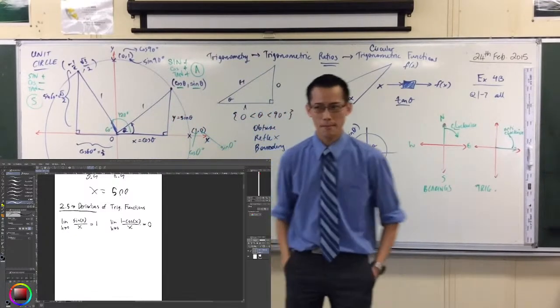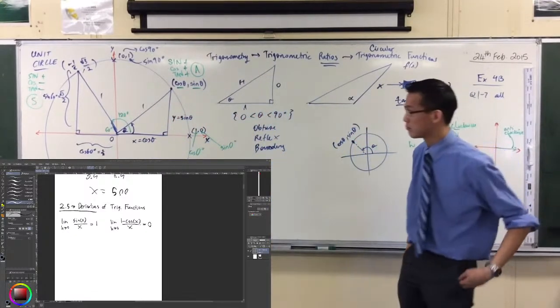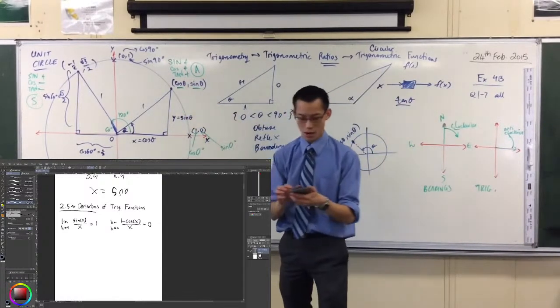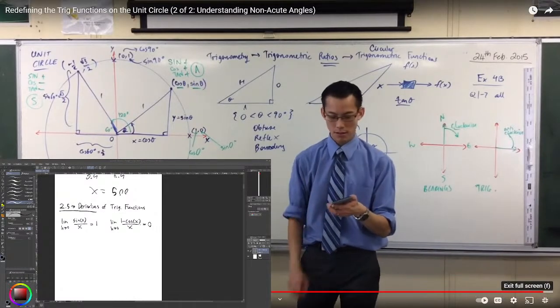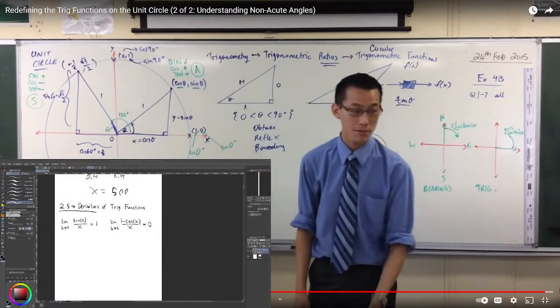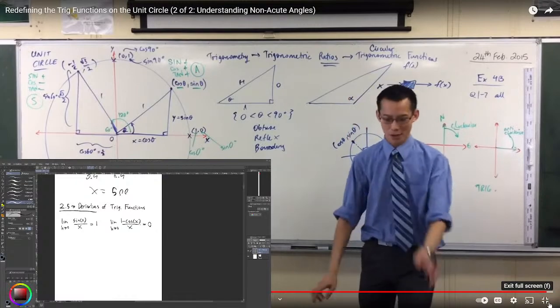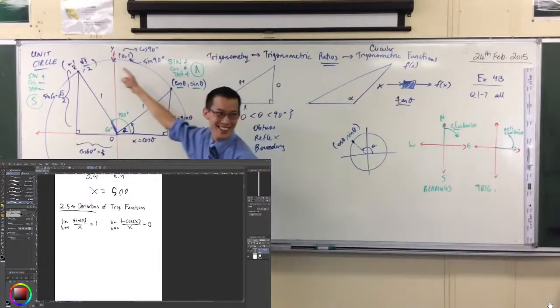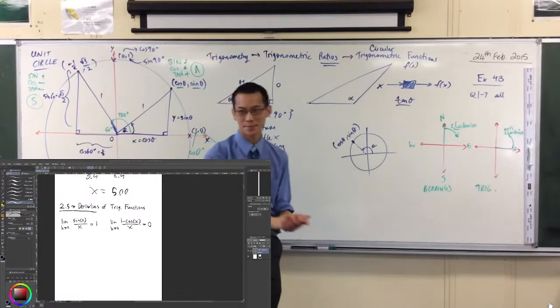Is that what your calculator would give you? You chuck in the one we worked out just now, cos of 120, and it'll tell you minus a half. Now, by the way, it's not that this thing is smart, it's just that it has been told to do this, so it gives you the right value.